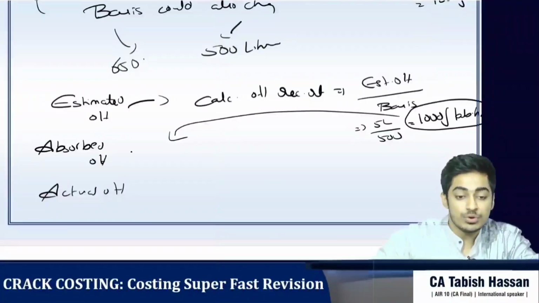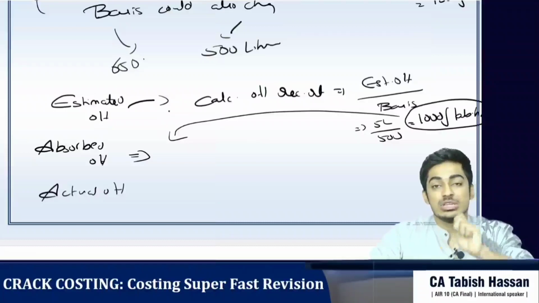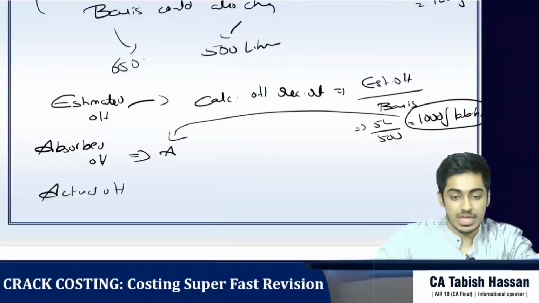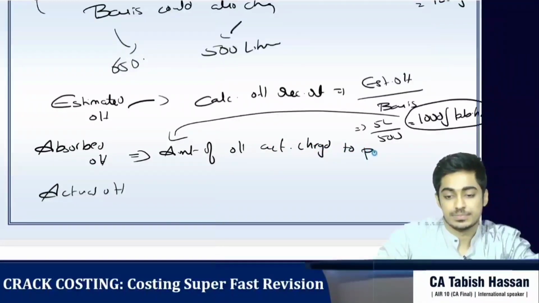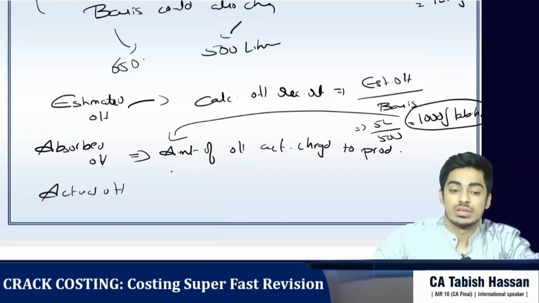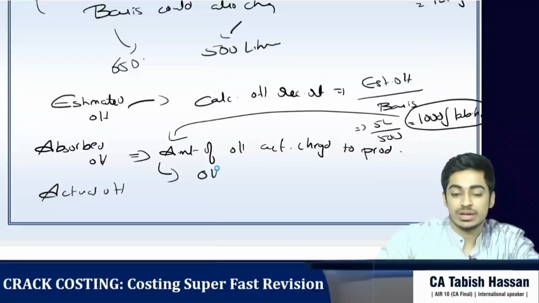So absorbed overhead is how much overhead we have actually charged to the product. The amount of overheads actually charged to the product is called absorbed overhead. How do we get it? We get it based on the overhead recovery rate into the actual basis.